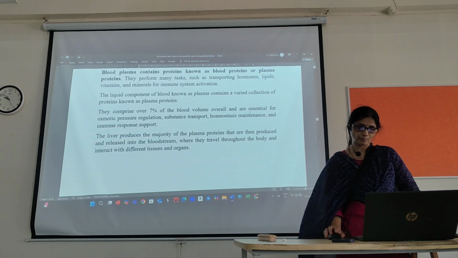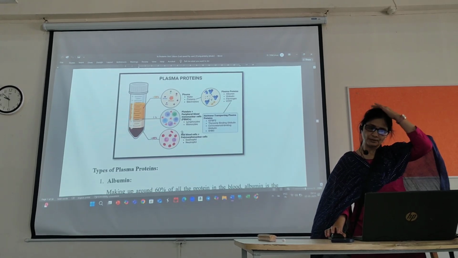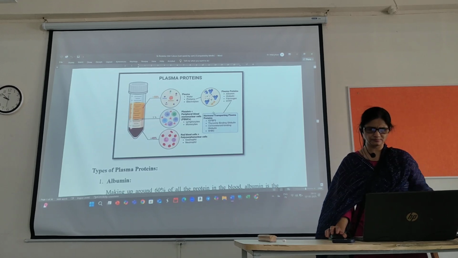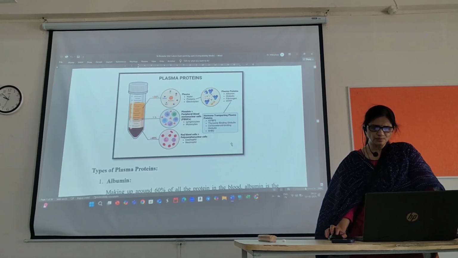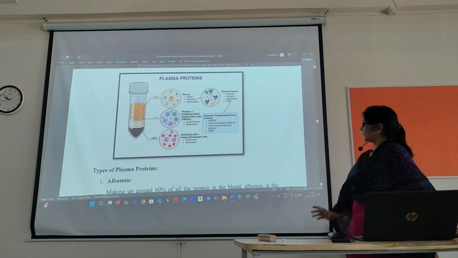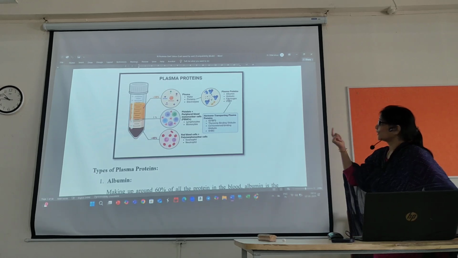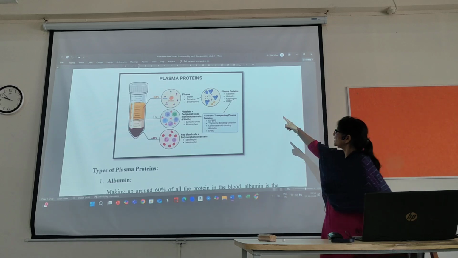In small detail, what exactly does the plasma protein contain? So far we have seen what is in plasma. Plasma contains protein, but what exactly does the protein contain?